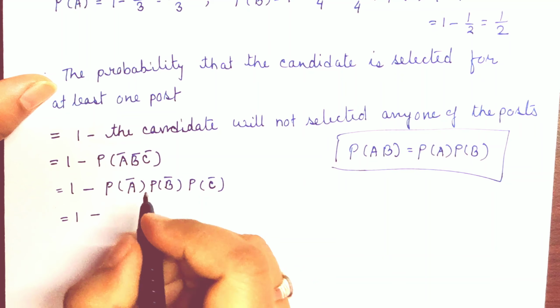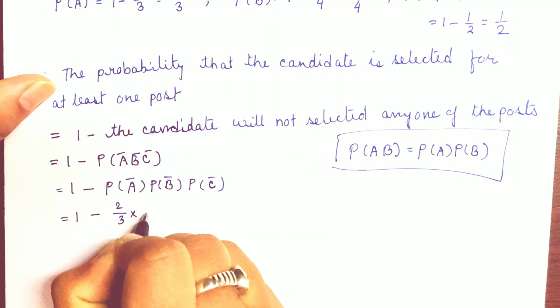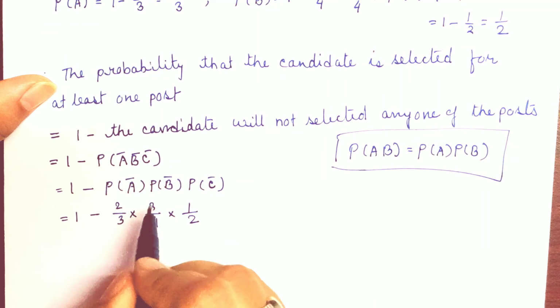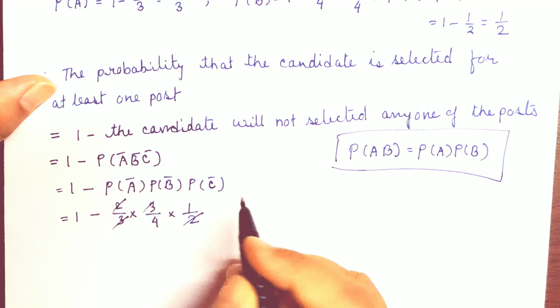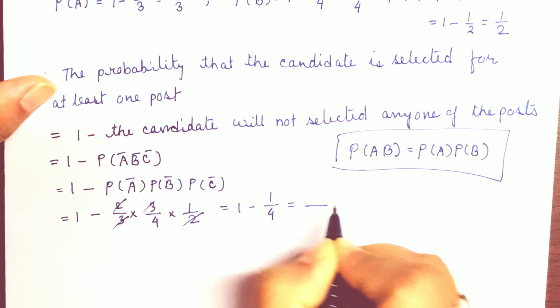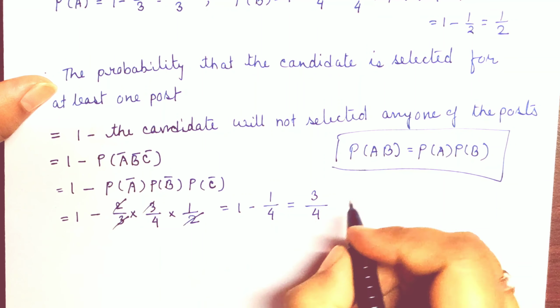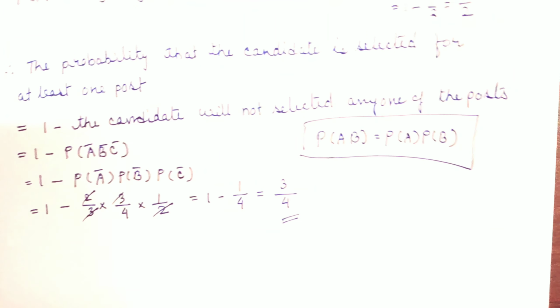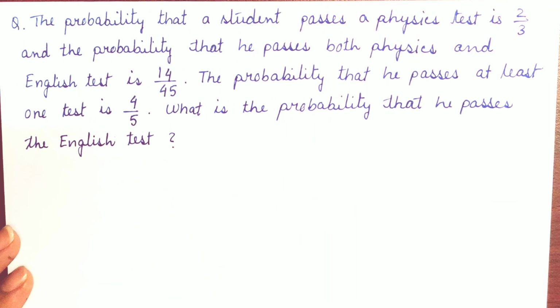Substitute the values: PA bar is equal to 2 by 3 into 3 by 4 into 1 by 2, so we get the answer 1 minus 1 by 4, 3 divided by 4.